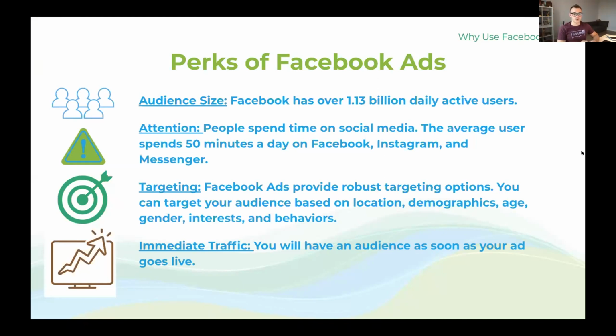We can't do that anymore. But what we still can do is target parents with the ages that you're interested in. So parents with teenagers or adult children or preschoolers. This is still available, and this is demographics, and this is definitely something to use while it's available, because I strongly believe it will go away too.